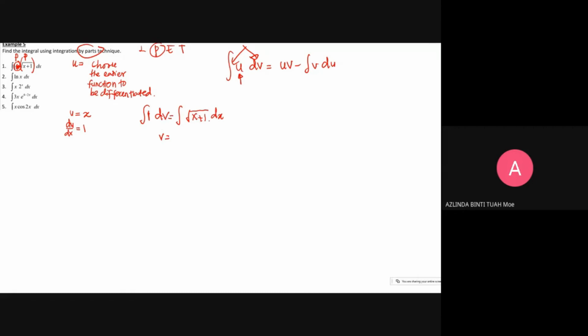Okay, this one sort of power rule, 3 steps. Power plus 1, divide by new power. So directly I can say the new power is 1 over 2 plus 1 is 3 over 2.